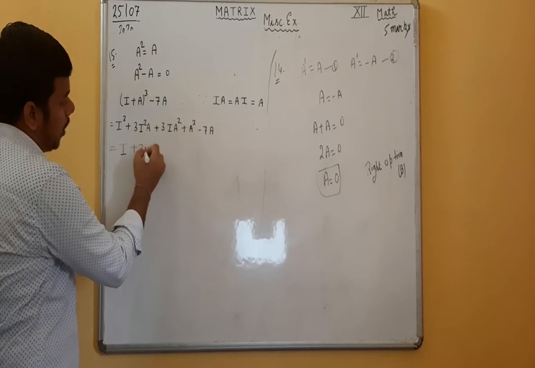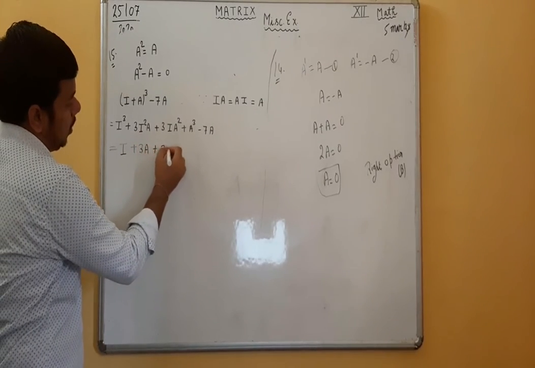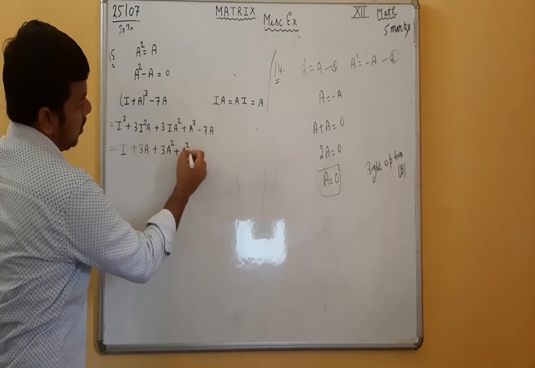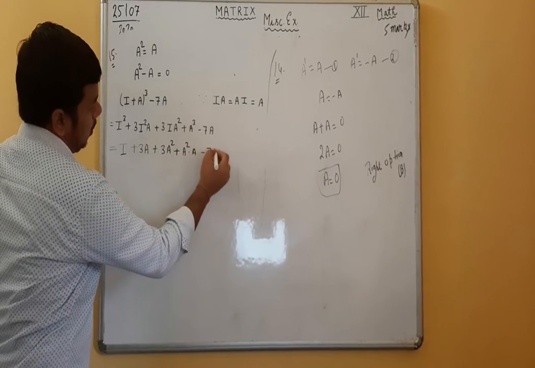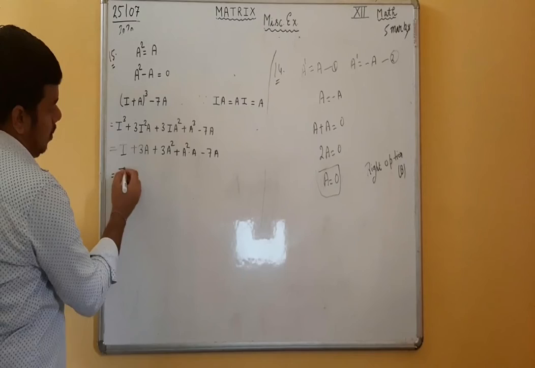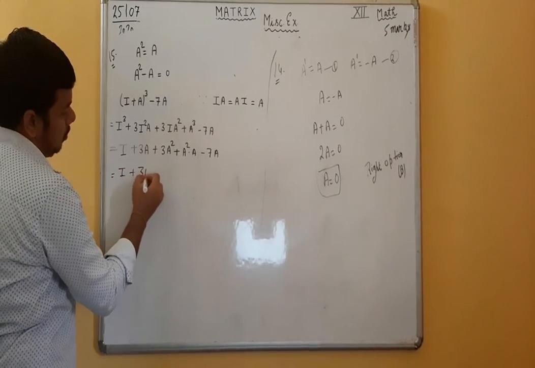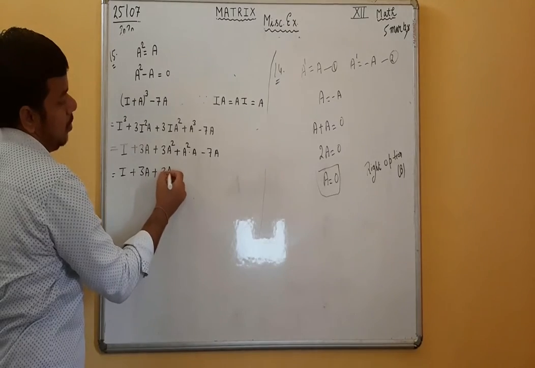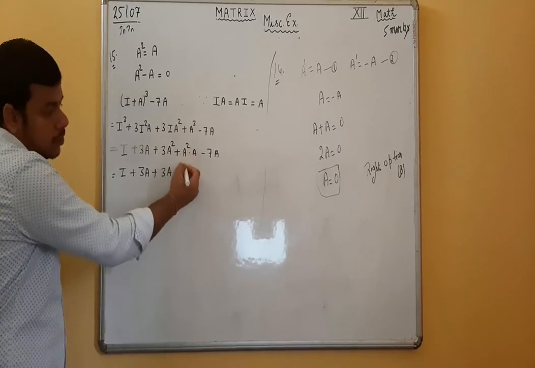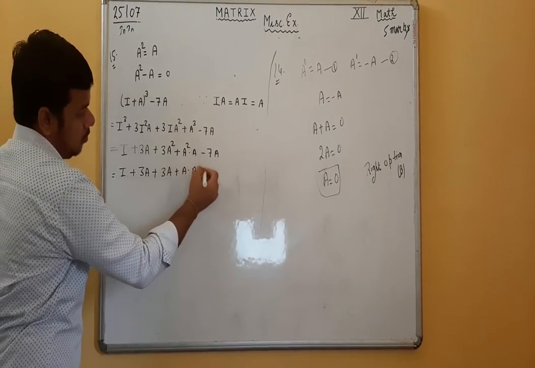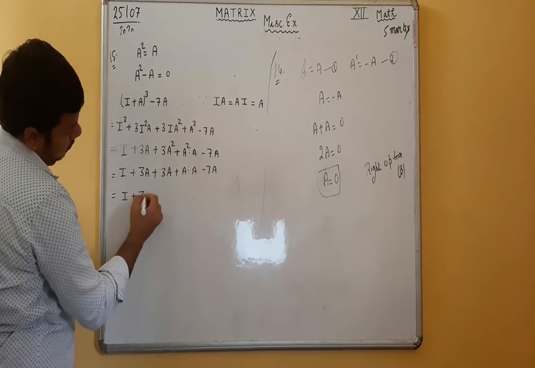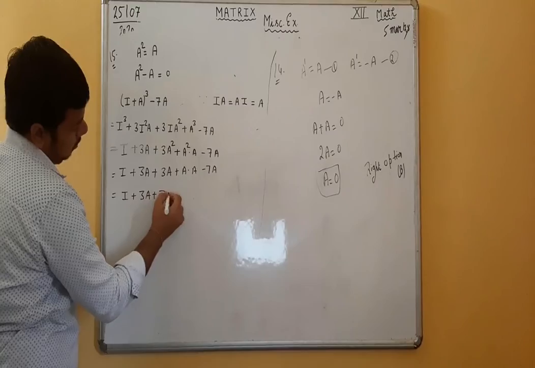नो इफेक्ट, प्लस 3A स्क्वायर and A cube can be written as A square into A minus 7A I plus 3A, and A square is equal to A, this is given. 3A, again A square is equal to A into A minus 7A I plus 3A plus 3A.